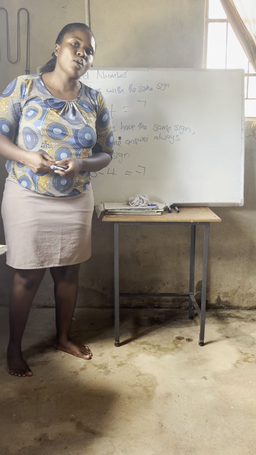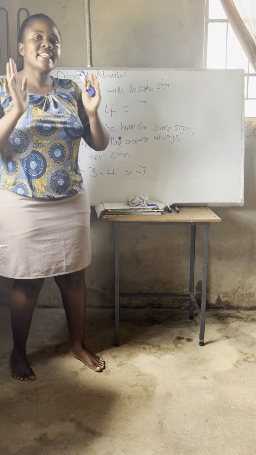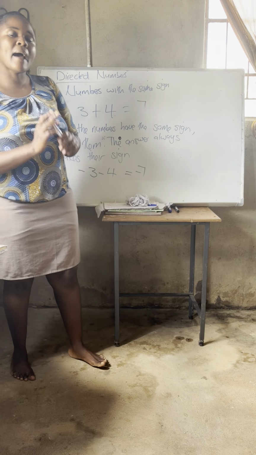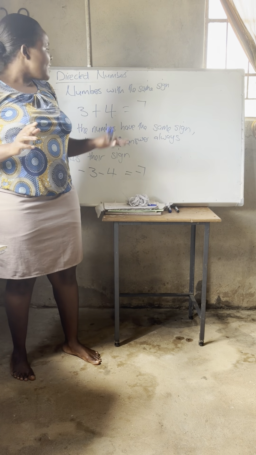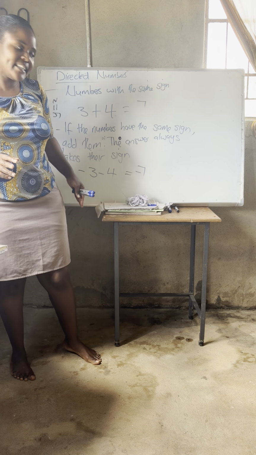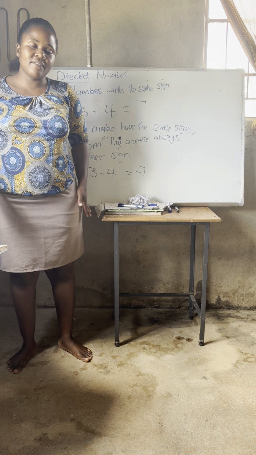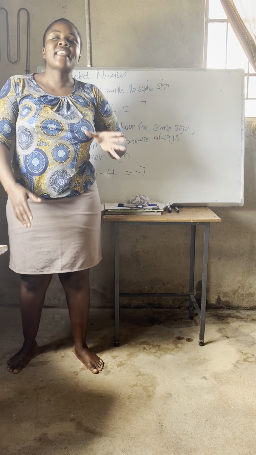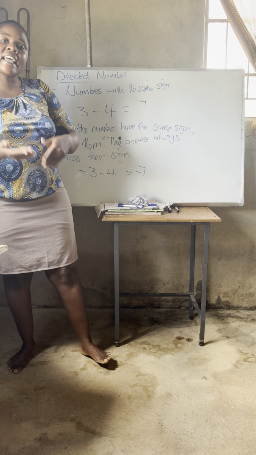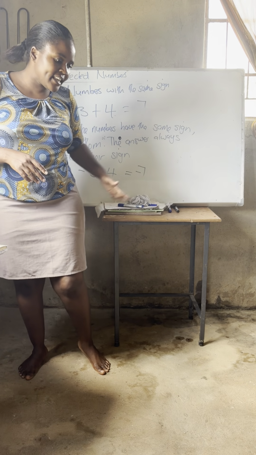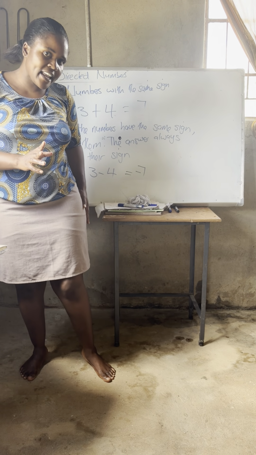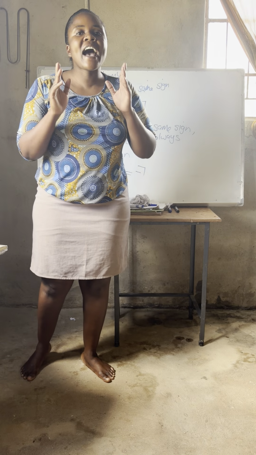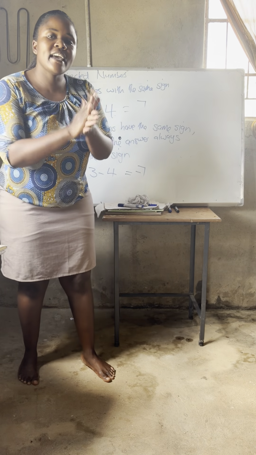Let me sing a song for you. Directed numbers. Step 1, check the signs. The signs are found on the left-hand side. Step 1, check the sign. If the signs are the same, add the numbers.